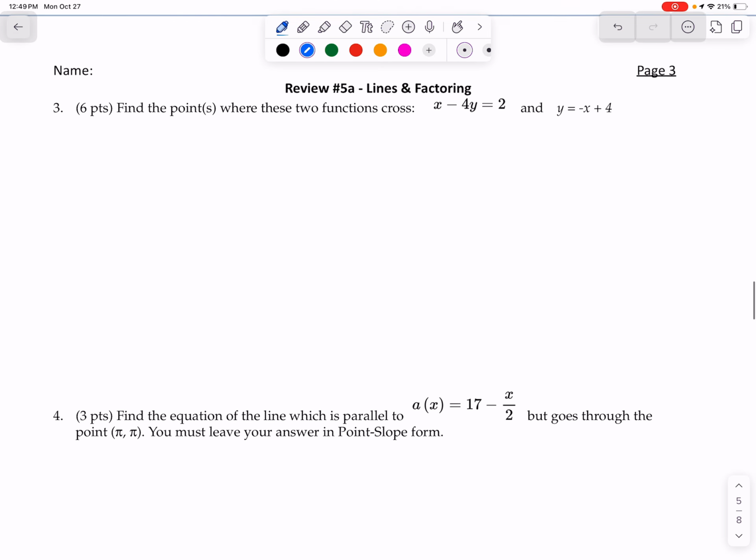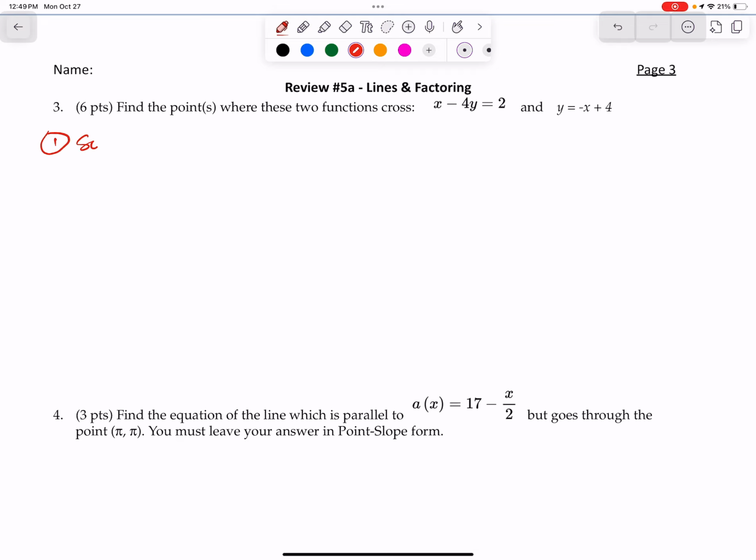On we go. Find the points where the two functions cross. Well, there are lots of ways to do these, but the easiest way is solve both for y.